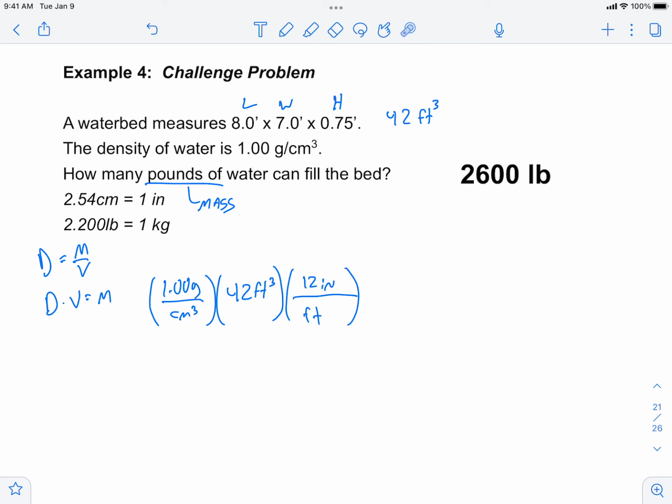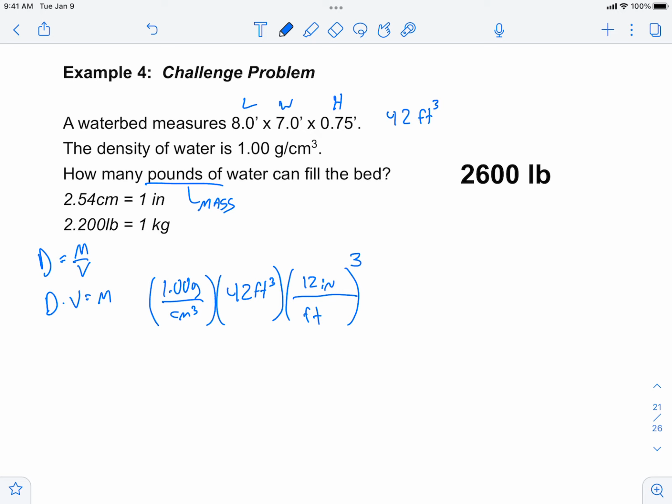Now, notice how this is cubic. Right now, if I asked you, does this conversion here cancel this unit, what would you say? It does not. It only partially cancels it. This conversion needs to be carried out threefold. So what I'm saying is I need to multiply 12 over 1, and then multiply by 12 over 1, and then multiply by 12 over 1.